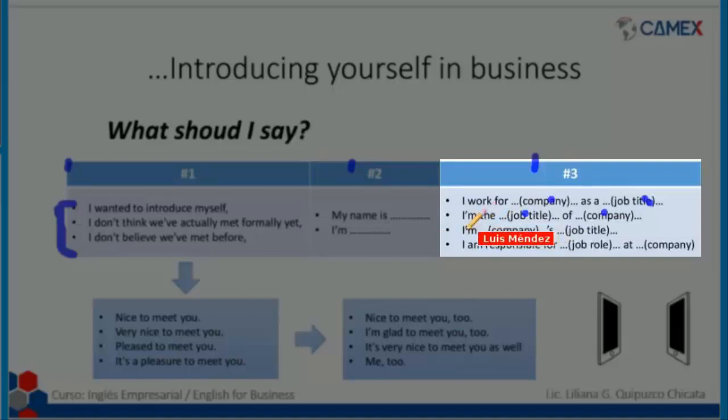Another option is I am, and you say the company name with an S and your job title. So you say I'm Microsoft's engineer, or I am IBM's. IBM is a company that is kind of like Microsoft that does computers. So I am IBM's engineer.